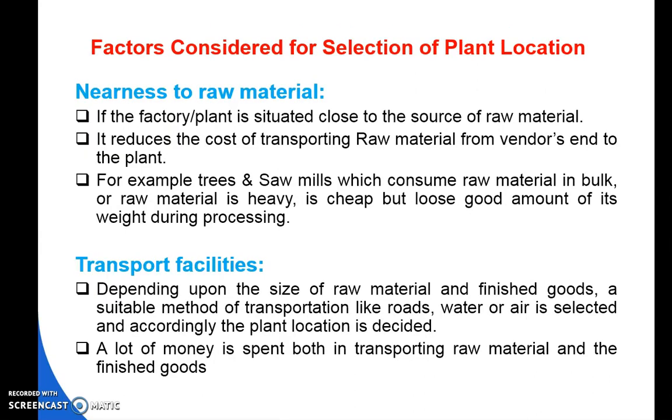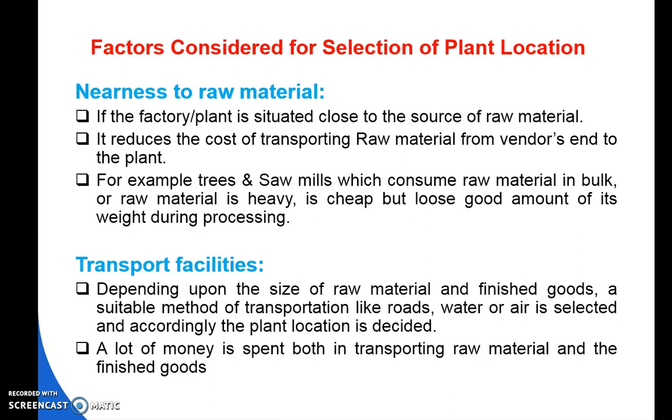Let's come to the two factors first: nearness to the raw material and transportation facilities. The factory should be located near the place which is rich in raw material, and due to this it will reduce the cost of transporting the raw material from vendors to the plant.